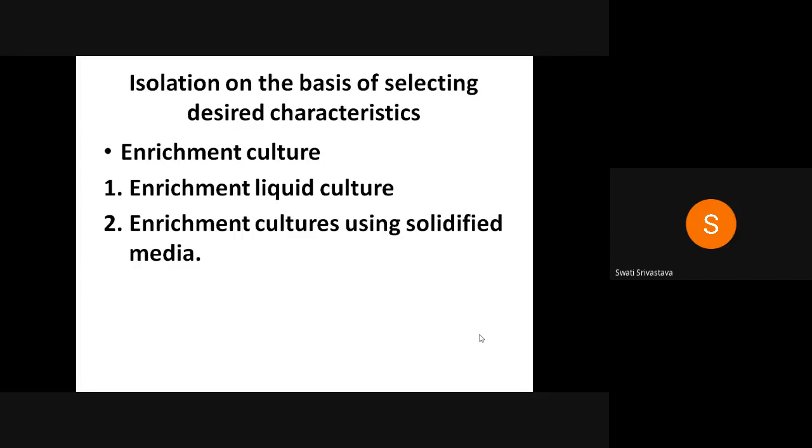You will provide some specific substrate that will favor the growth of a specific species or a specific strain. This is known as enrichment culture. Mostly, you carry out these enrichment cultures in the shake flask.